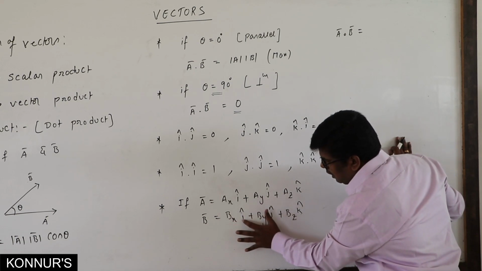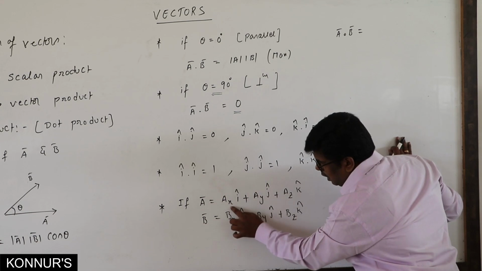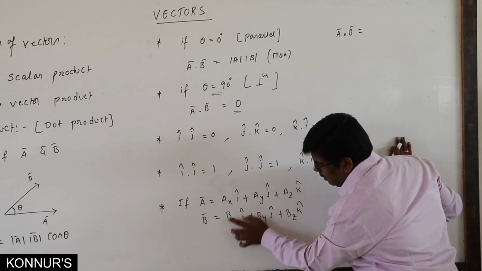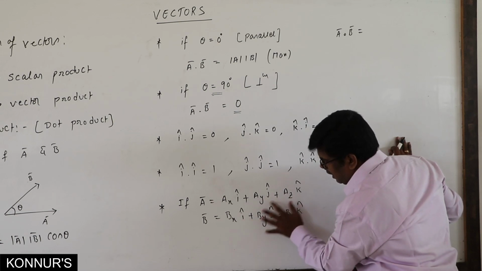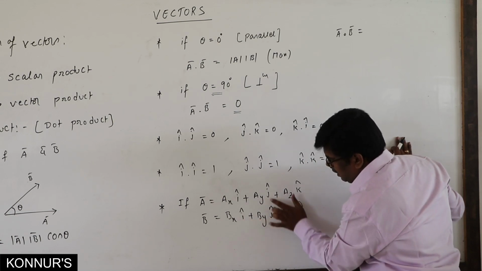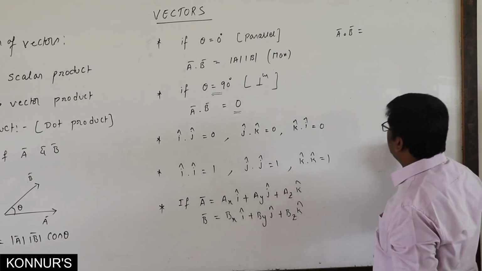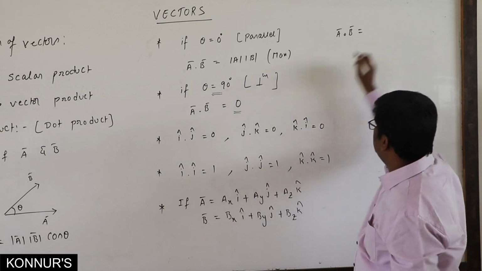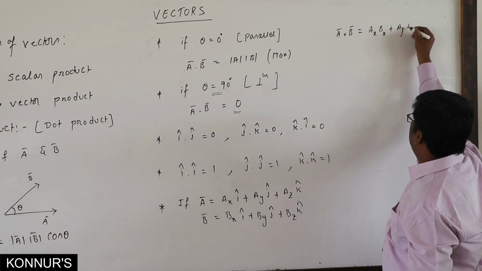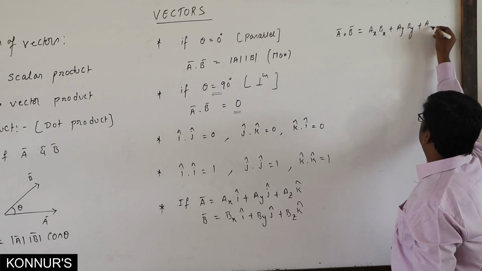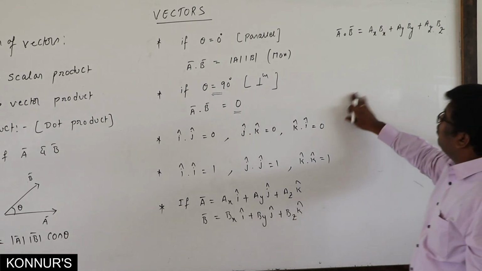What is left is i dot i, which is 1, and Ax and Bx will be the result. In the same way, j dot i will be cancelled, j dot k also will be cancelled, so what is left is Ay By. So we can write directly Ax Bx plus Ay By plus Az Bz. This is the dot product between the two vectors.